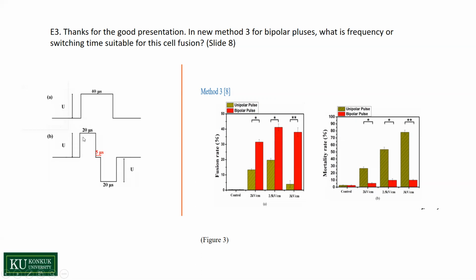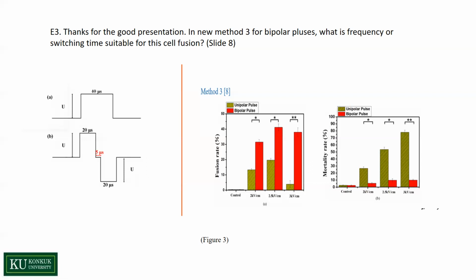We can easily see in A, for the unipolar pulse, there is 40 microseconds, but in B, I show that for the bipolar pulse, the period is half, 40 microseconds.